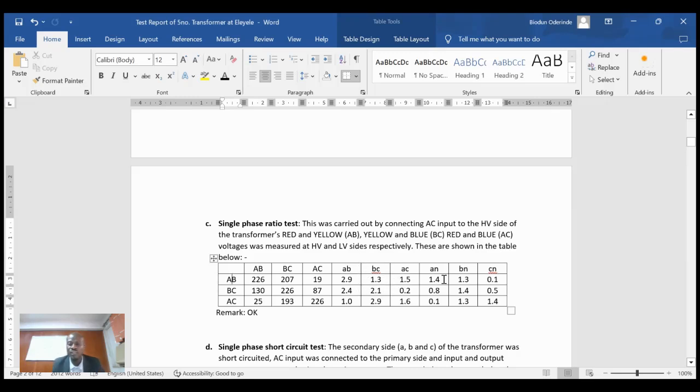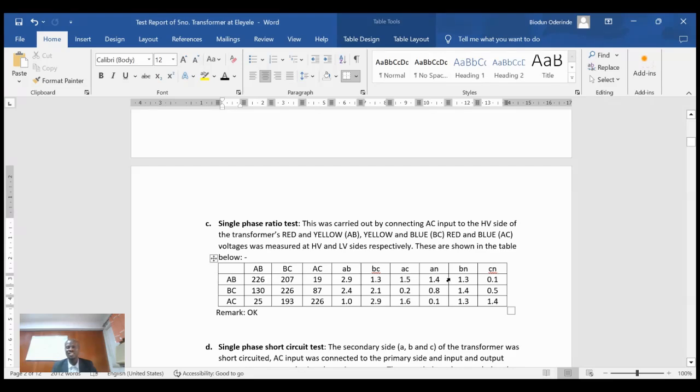But when you come to phase voltage here, the addition of the two will be in the position where we have this one, if it is DYN11. As you can see in this AB now, the addition of this one is equal to 226.